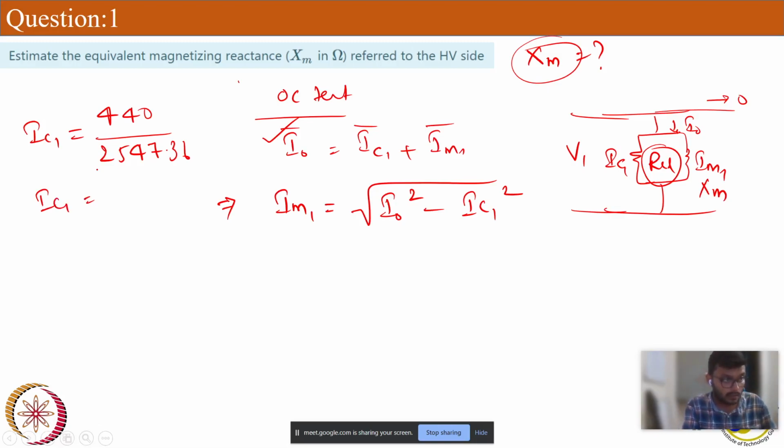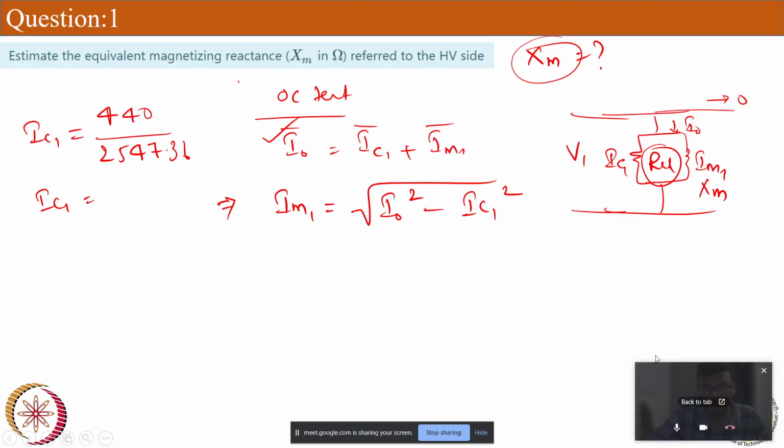Now, is the screen visible now? Now I got my core loss current that is flowing through RC1, that is this one.